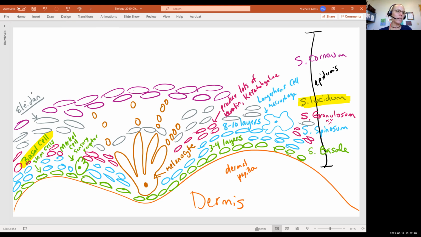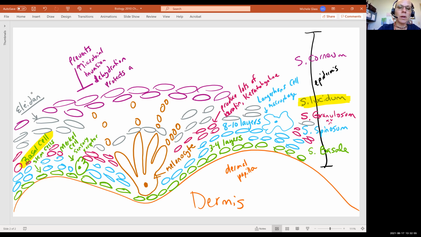And we get this really nice barrier that prevents microbial invasion, prevents dehydration, protects underlying tissues from abrasion, really giving a lot of protection to the underlying tissue. That's our stratum corneum layer.